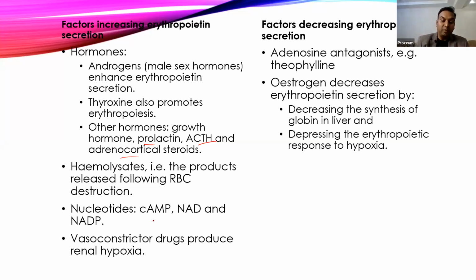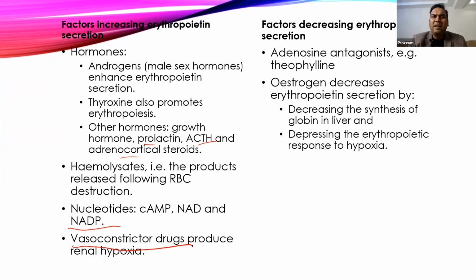The nucleotides like cyclic AMP, NAD, and NADP also directly act and increase formation of more erythropoietin. Then vasoconstrictor drugs: any vasoconstrictor drug which acts generally will also cause vasoconstriction of the renal arteries.